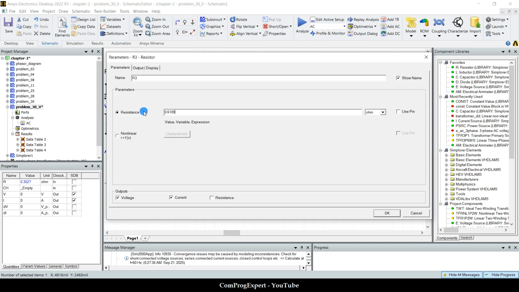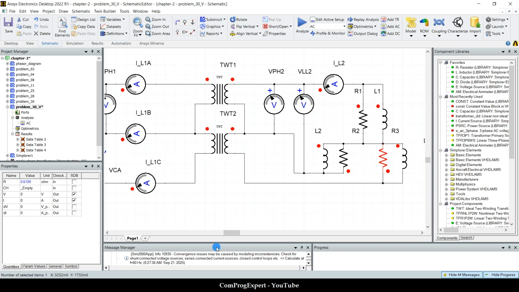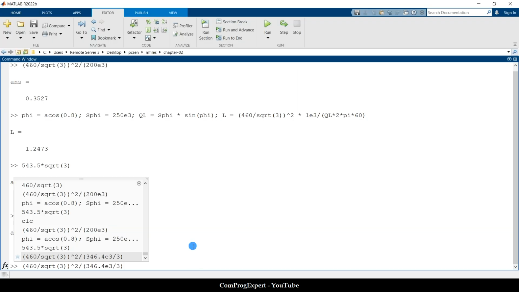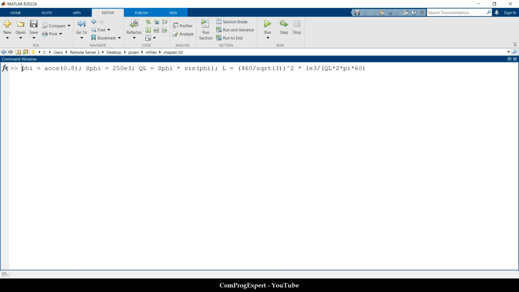So, okay. What about the value of the inductance? This is the phi. This is the apparent power. I should use this: the active power per phase divided by 0.8. This is the apparent power per phase, and this is the reactive power.